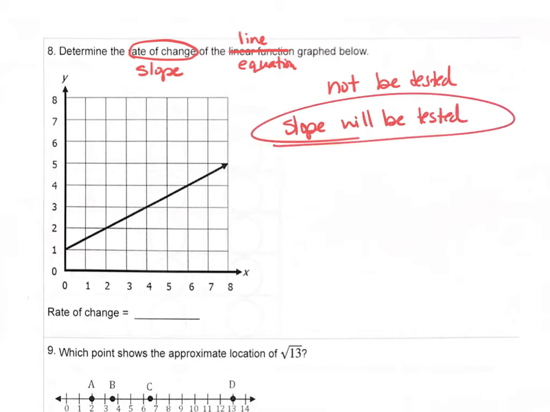So we have a point here, 0, 1, and we have a point here, 2, 2. So we're going to use rise over run. And say, okay, it rises 1, and then it runs to the right 2, and right is going more positive. So the slope is 1/2.